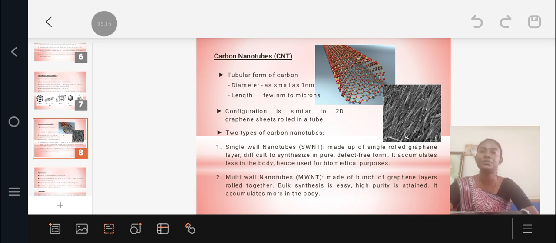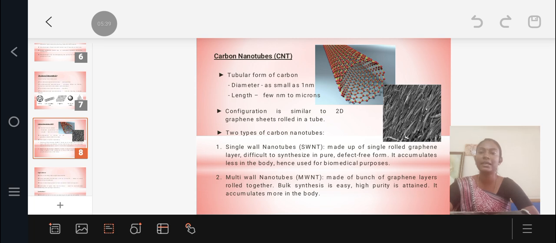Its configuration is similar to a 2D graphene sheet rolled into a tube. The two types of carbon nanotubes are single-wall nanotube and multi-wall nanotube. Single-wall nanotube is made up of a single rolled graphene layer, and is difficult to synthesize in pure, defect-free form.